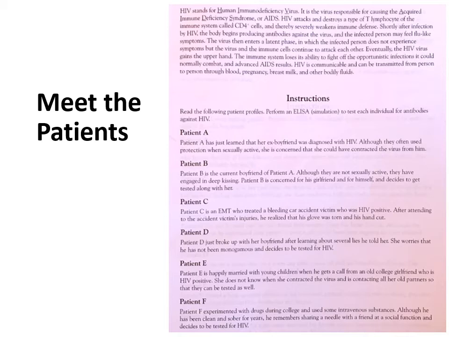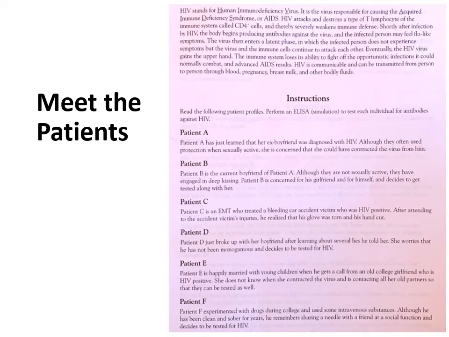And so after attending to that person's injuries, he then realized his glove was torn and his hand was cut. Okay, so you always have to be extra careful because even though you think you're protected with your PPE, things happen. So you always have to be very alert and cautious. So he has to be tested now. Patient D is a scenario that a lot of people are familiar with.